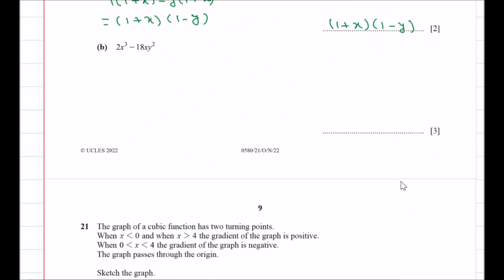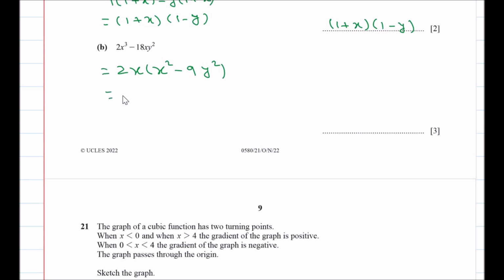Now 2x cube minus 18xy square. First of all, let us check the number part. 2 and 18. What is the common factor? 2. The highest common factor of the numerical part is 2. So let us take 2 out. Now x cube and x, so x can be taken common. Then in the bracket we get x square minus 9y square.